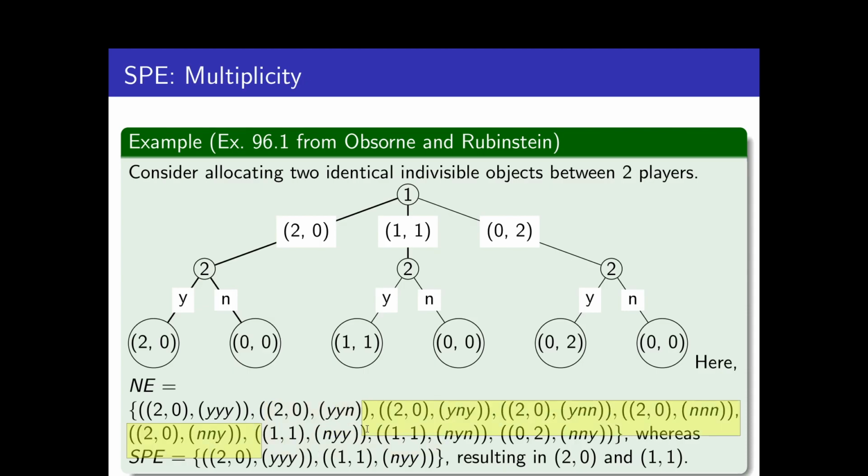In that case, what are the options that player 2 can do so that player 1 is optimal here? First of all, of course, player 2 has to reject 2-0, because otherwise that would be strictly better for player 1. So player 2 has to play N to 2-0.